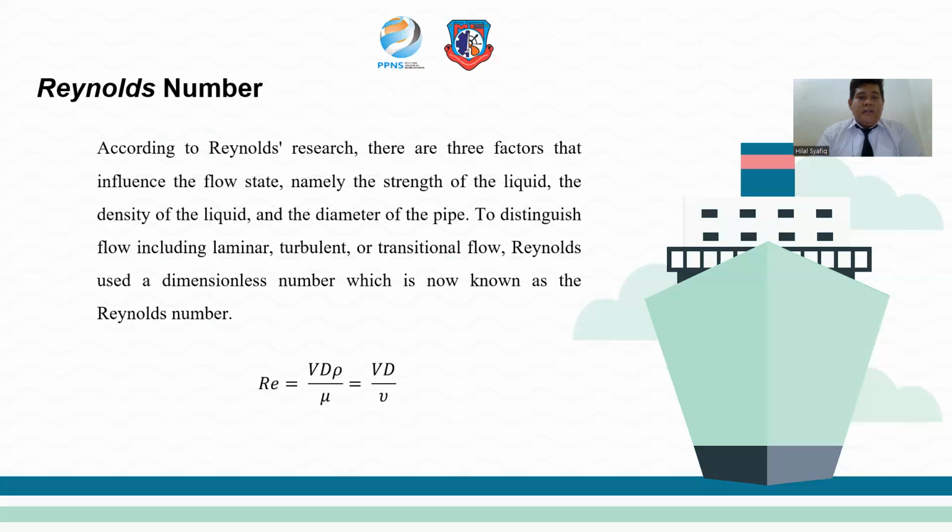According to Reynolds' research, there are three factors that influence the flow state, namely the viscosity of the liquid, the density of the liquid, and the diameter of the pipe. To distinguish flow, it includes laminar, turbulent, or transitional flow. Reynolds used a dimensionless number which is now known as the Reynolds number.